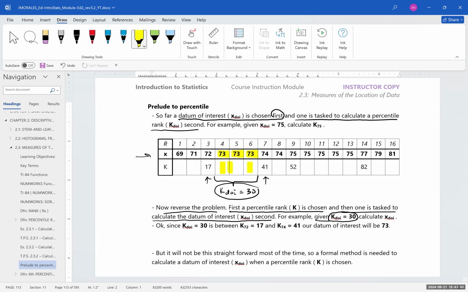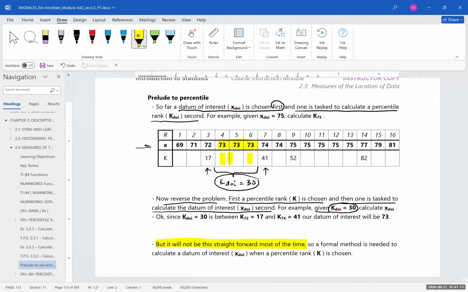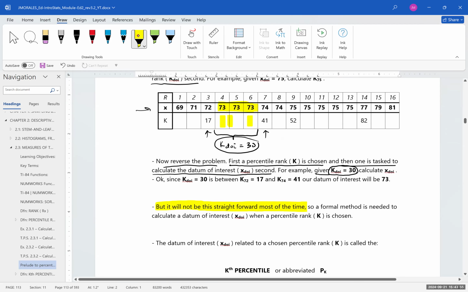The related datum of interest is just going to be 73 no matter what. Okay. But it's not always going to be this straightforward most of the time. So what we need is a formal method to calculate a datum of interest when a percentile rank is chosen or is given.